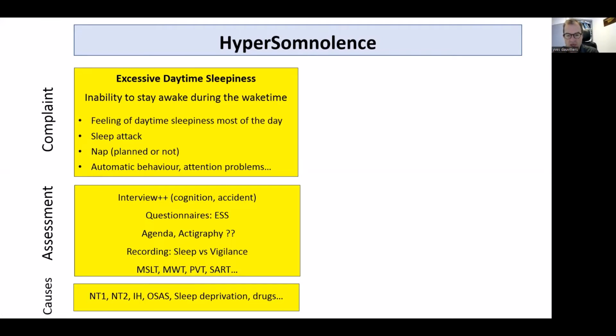You can use the agenda, the actigraphy, and record sleep with neurophysiological assessment, and we will discuss that a bit, MSLT, MWT, and so on. Several etiologies may explain excessive daytime sleepiness, from very frequent conditions, sleep deprivation, CNS drugs, OSAS, and rare diseases, IH and narcolepsy.